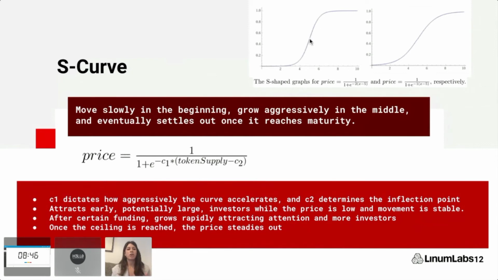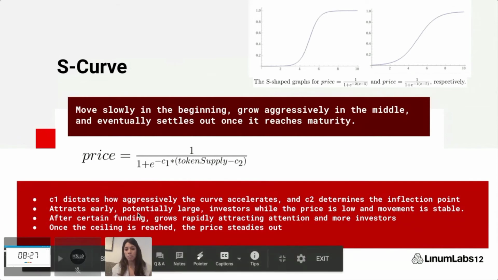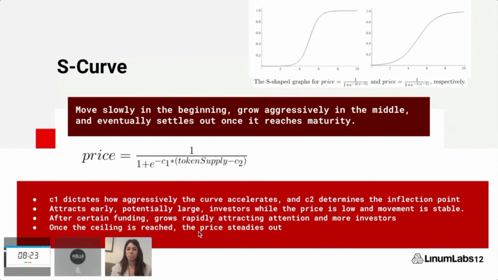As I said earlier, you want to think about the range and the amount of funding that you expect for any project. Once you've figured those things out, you can take that into account of what you'd like to make the inflection point, what you'd like to make the curve acceleration, etc. As I said, this does attract early, potentially large investors, and it does level out once maturity is reached.